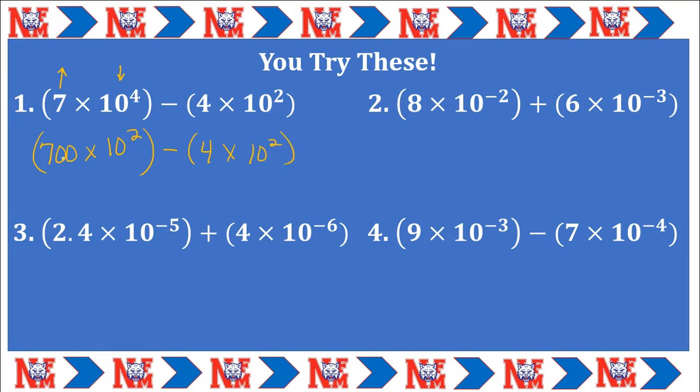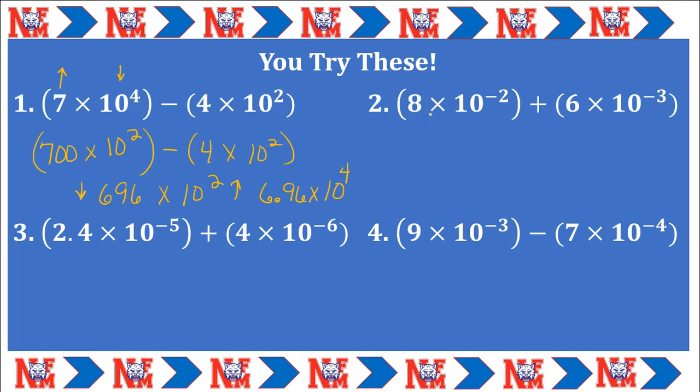We're going to subtract 700 minus 4. So that's 796 times 10 to the power 2. We need to go down in value by moving the decimal twice, so we will go up by adjusting our exponent, going up twice. So 6.96 times 10 to the 4th.